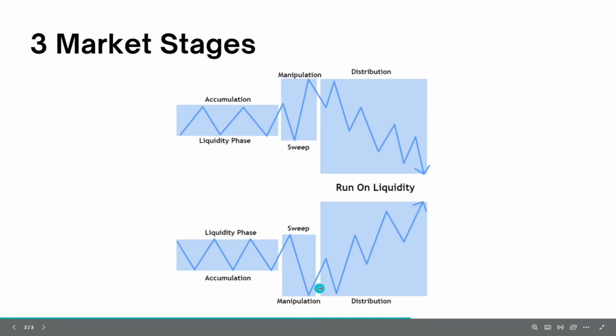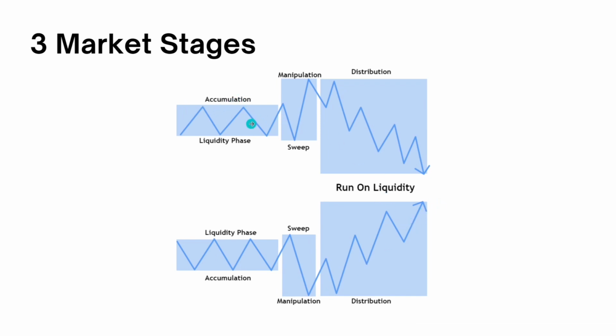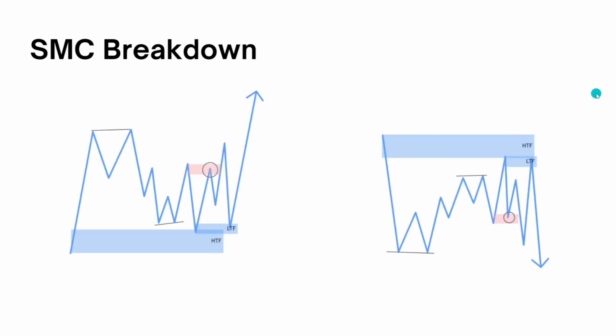Now when they do that, it creates more volume, more space for them to submit their orders, where there's not as much volume and such a chaotic market, and they can position themselves whichever way they would like to. That's the whole idea behind this. Once this is all completed, that's where the next phase, distribution or run on liquidity, happens. This is when the institutions are now laying out their orders.